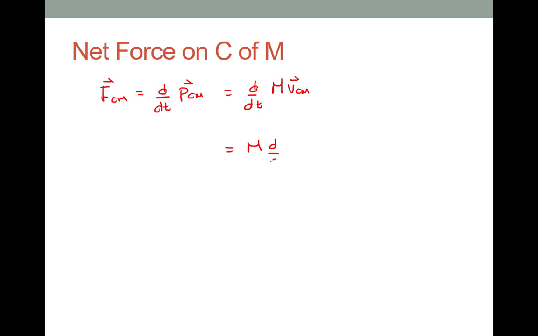So I'm going to pull it out of the derivative, leaving me only the time derivative of the velocity. So I find that the force on the center of mass is the total mass multiplied by the acceleration of the center of mass, which is what you'd expect given Newton's second law.